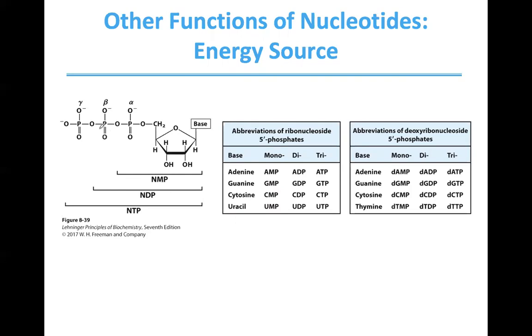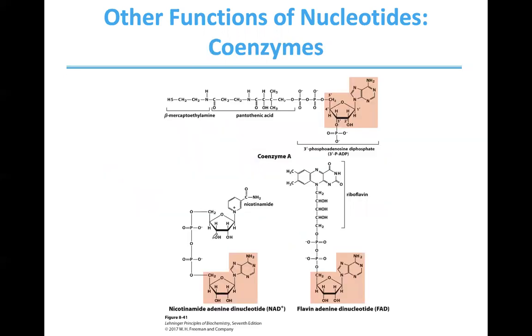When you hydrolyze these phosphoanhydride bonds, these are energy rich. And so ATP is the main carrier of energy in a cell, right? So when you hydrolyze these, a lot of energy is released. So you know about that.